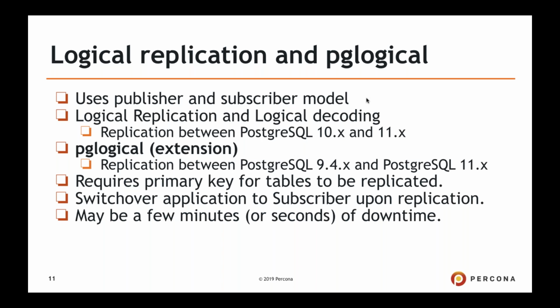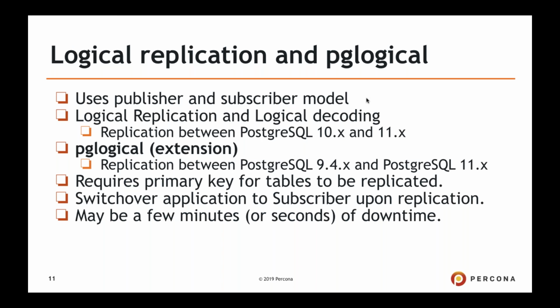The major challenge is that built-in replication works from Postgres 10 onwards only. But as I mentioned, logical decoding came in 9.4, so the pglogical extension can help you get that replication done. It is a matter of just installing that extension.